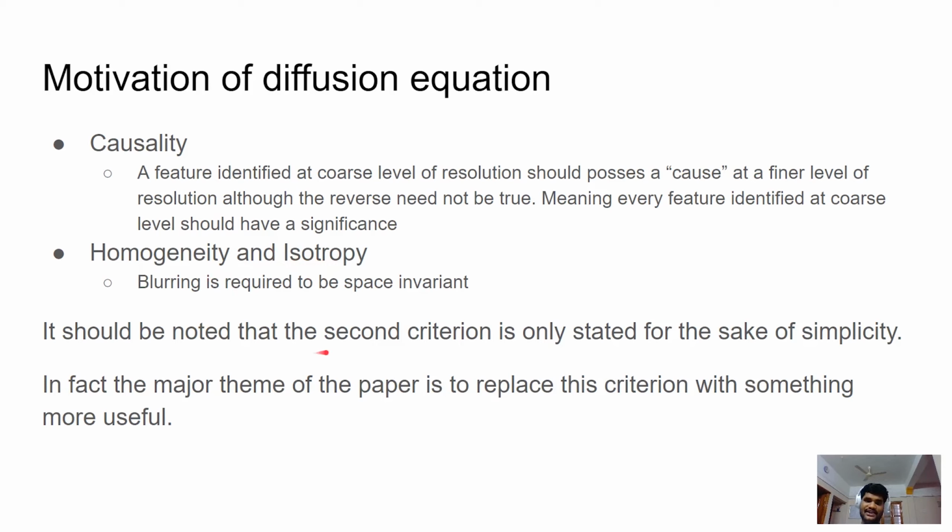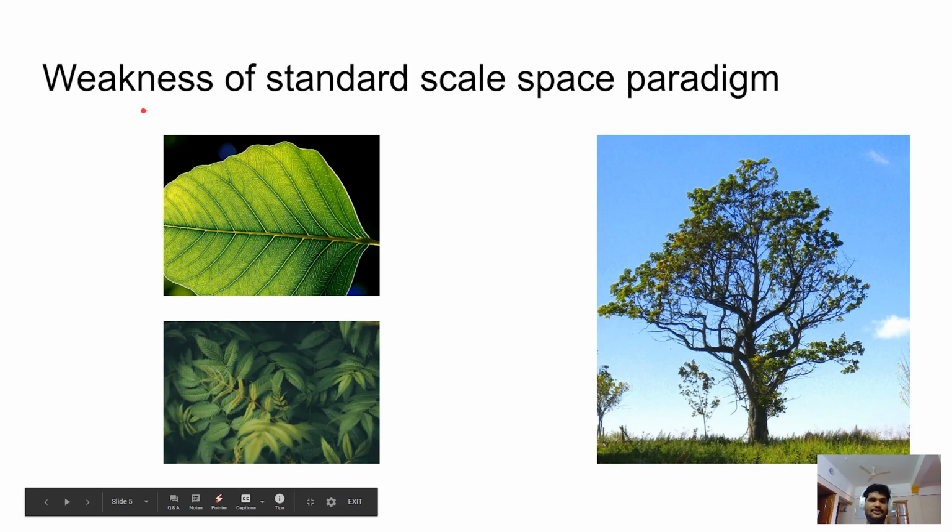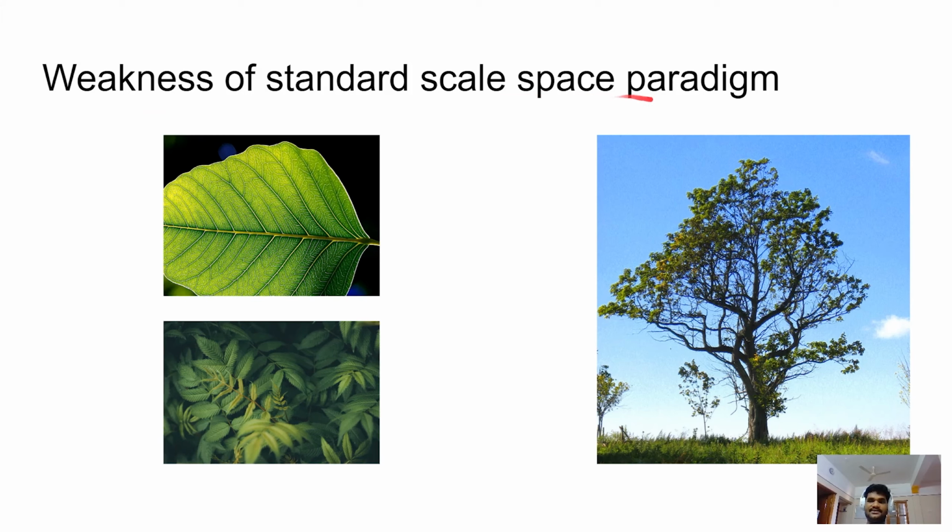So it should be noted that the second criterion is only stated for the sake of simplicity. So the scientist wanted to keep it simple. That's the explanation that the paper has given. In fact, the major theme of this paper is to replace this criterion with something more useful. So yeah, let's discuss the weakness of the standard scale space paradigm.